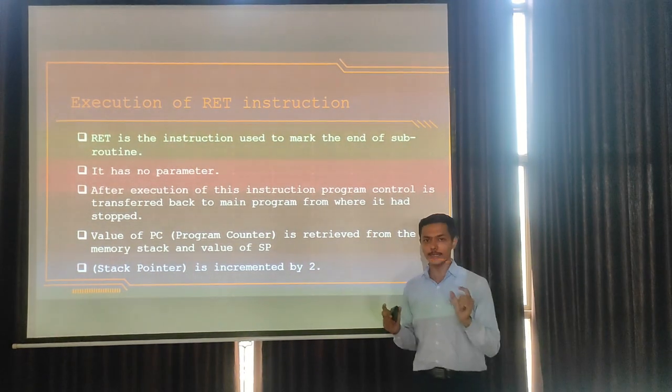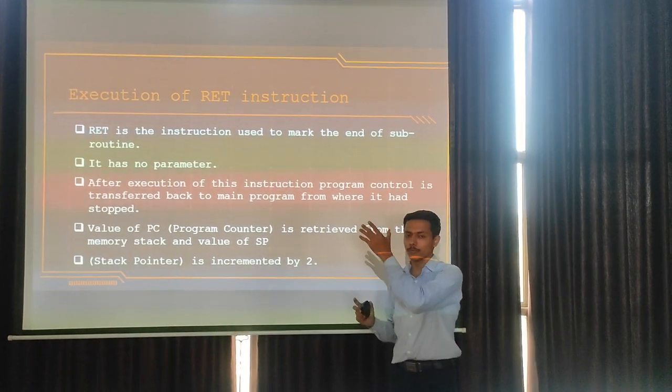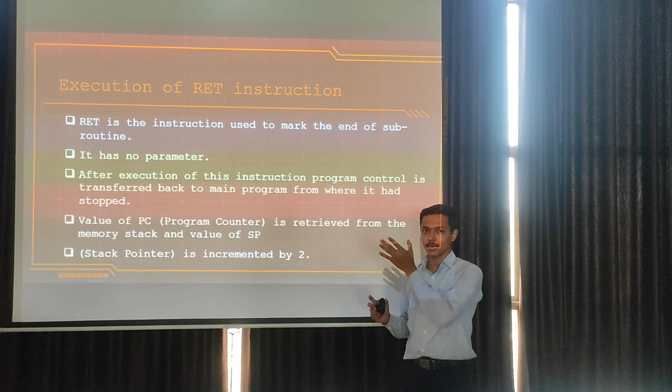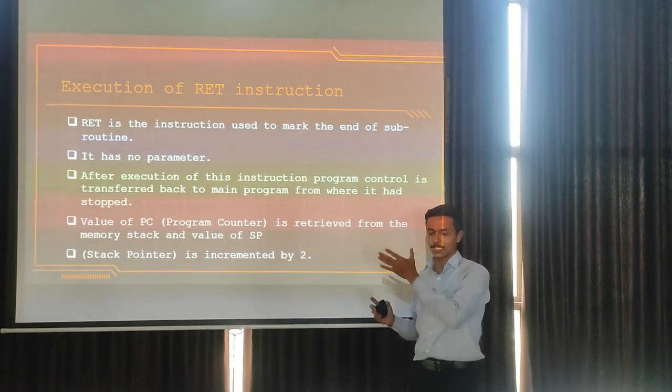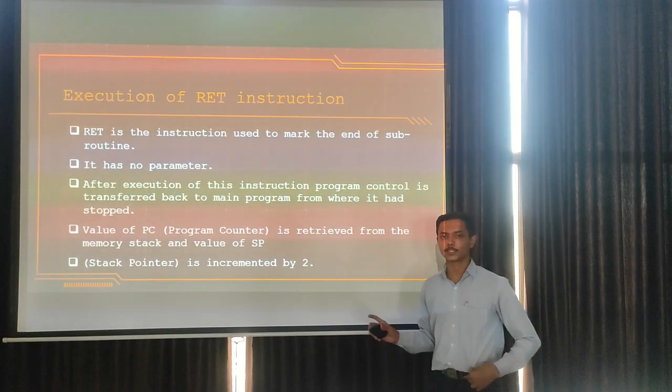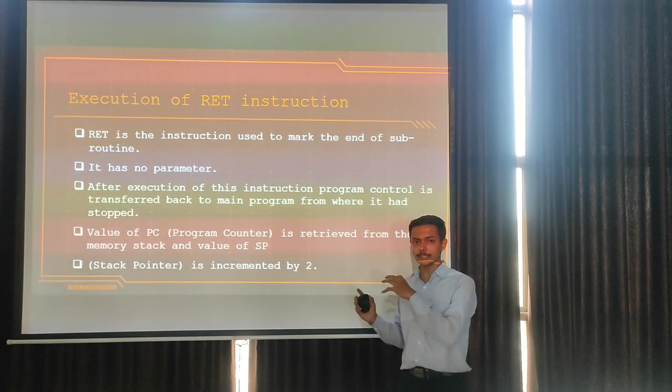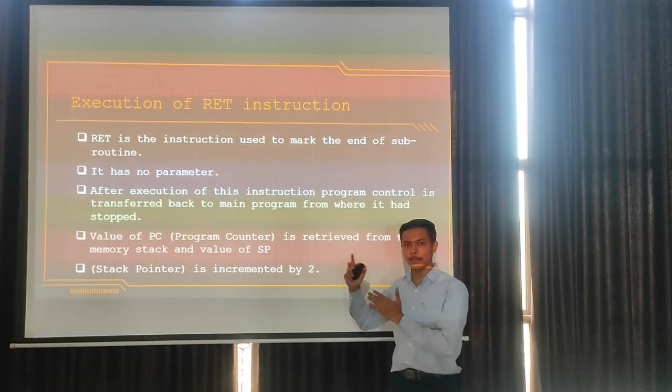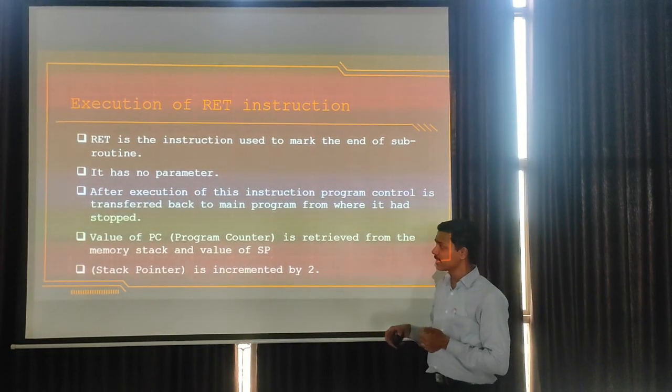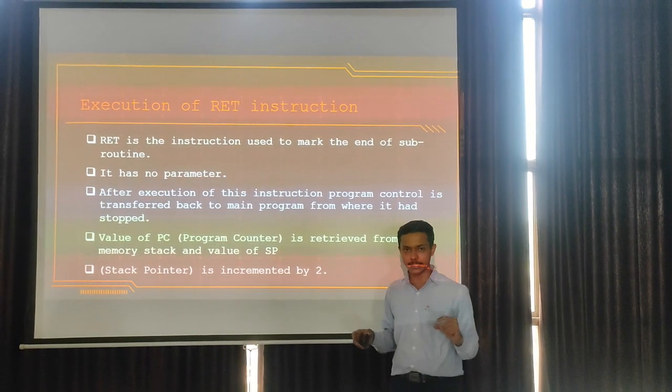In the return instruction, when our whole subroutine program is executed, there is a return instruction which returns the flow of the program to the main program. No parameters are required for the return instruction.